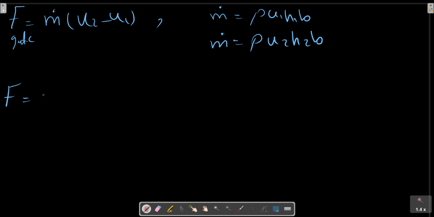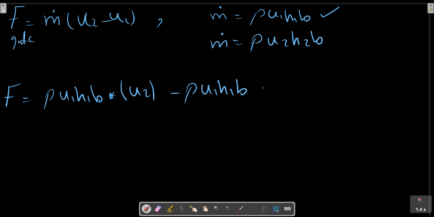At first, F equals m dot, let me start with rho u1 H1 B multiplied by u2 minus rho u1 H1 B multiplied by u1. So F equals rho u1 H1 B u2.